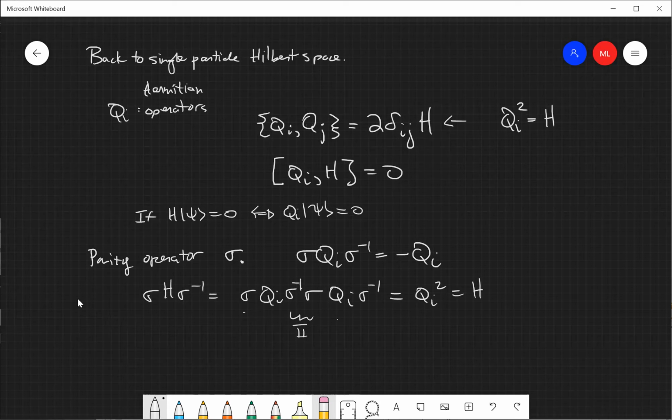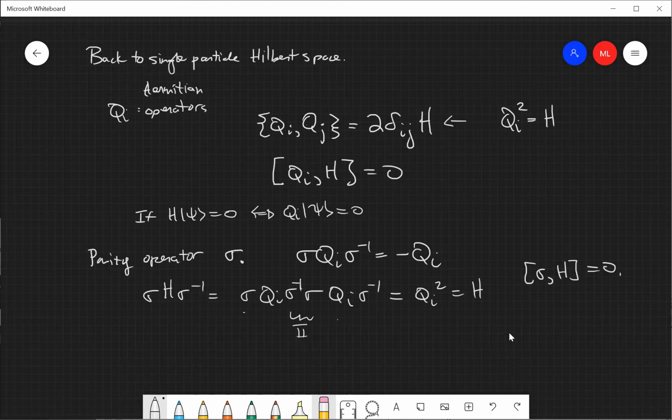And notice that this also means that sigma commutes with the Hamiltonian. What does that mean? It means that our energy levels can be made simultaneous eigenstates of both H and sigma. So that's good.